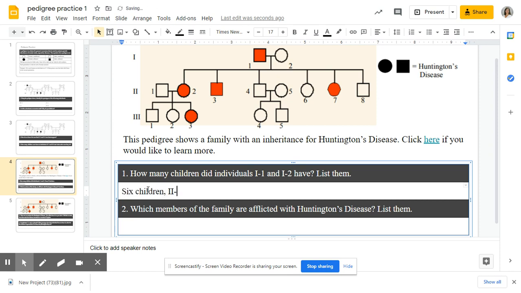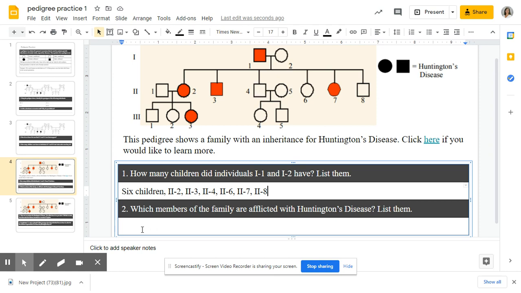So we have 2, 2, 3, 4, 6, 7, and 8. That's all of their children. 2, 1 married and had children with 2, 2, and 2, 5 married and had children with 2, 4.